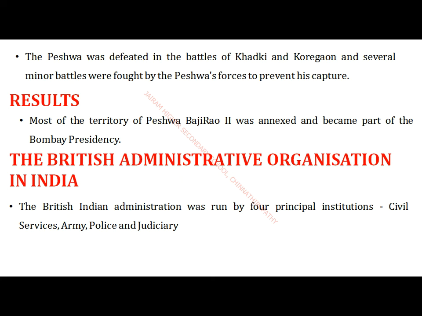After the war the Britishers were the winners. They won a lot of territories belonging to Peshwa Bajirao II, annexed and occupied all of them, and they became a part of the Bombay Presidency.